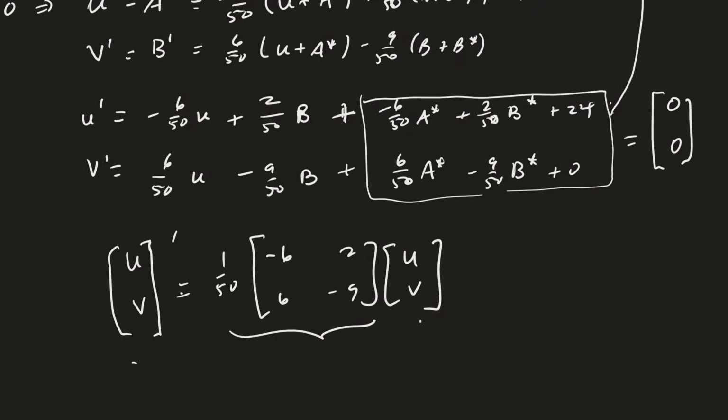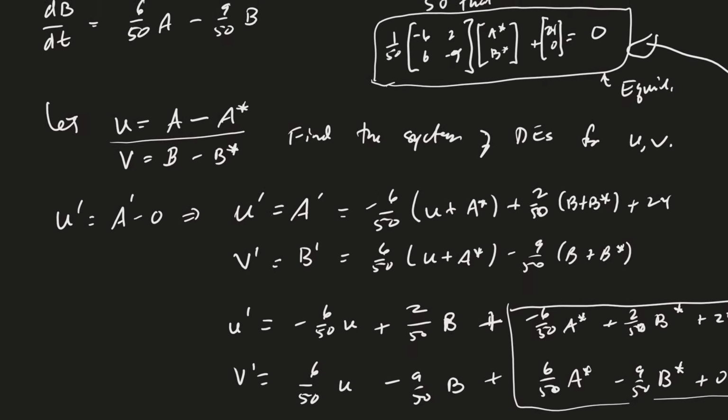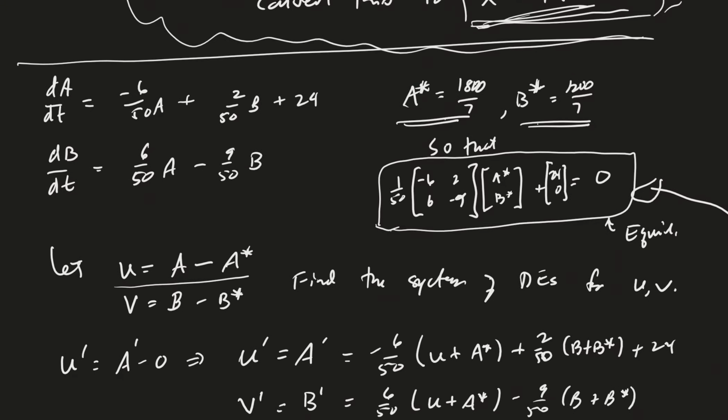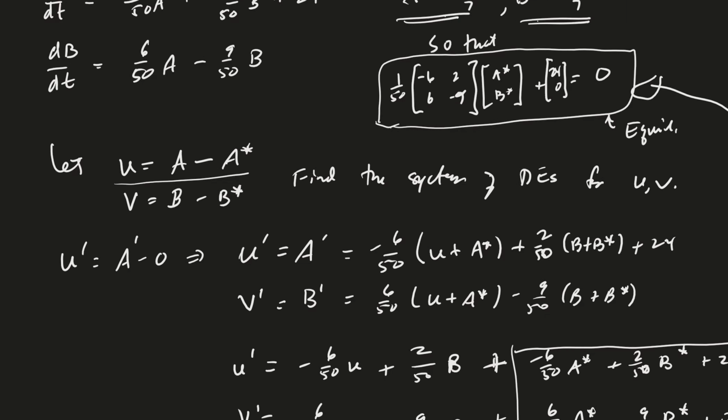So again, the idea is that if you have a system of equations and the system is linear like this, what you can do is you can shift the system by the equilibrium solution. So here we're just shifting coordinates.